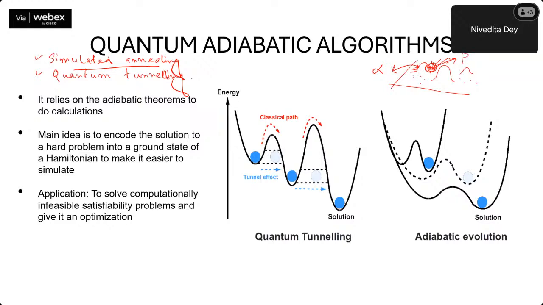So now you can think of it as if in this particular thing, there is a kind of tunnel. So I can make a to and fro. I can go and I can come back, which means I have a possibility to tunnel through that particular barrier. This concept is called quantum tunneling.